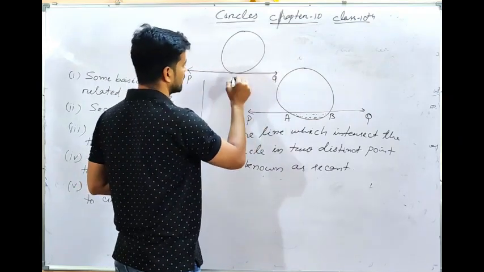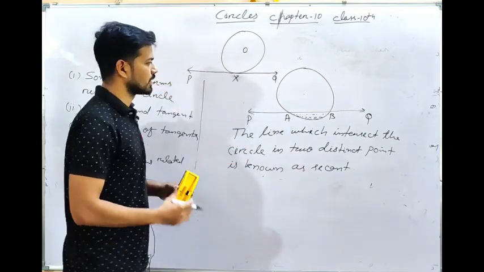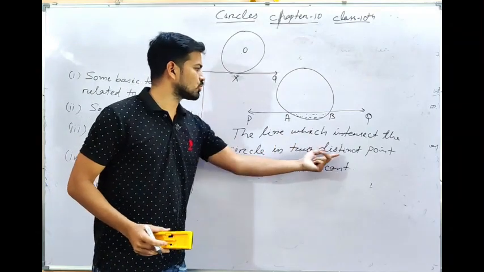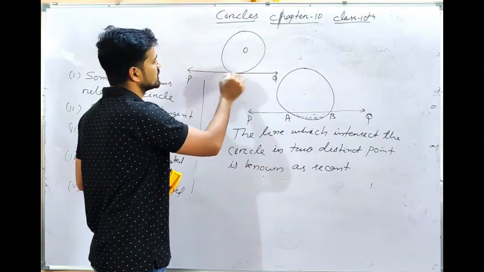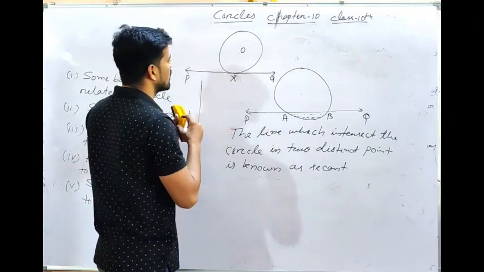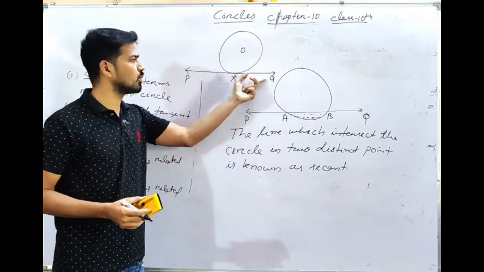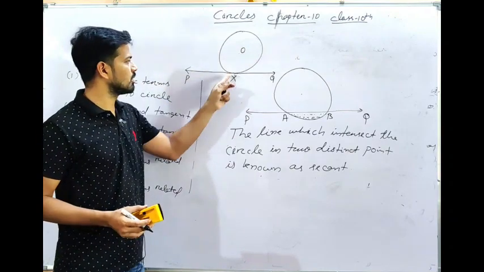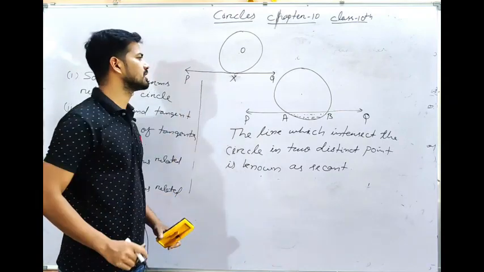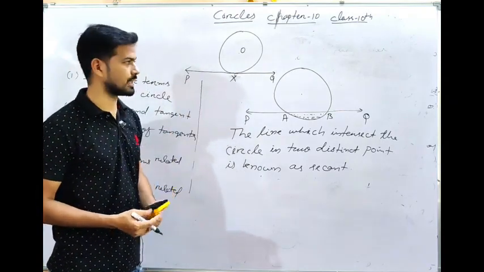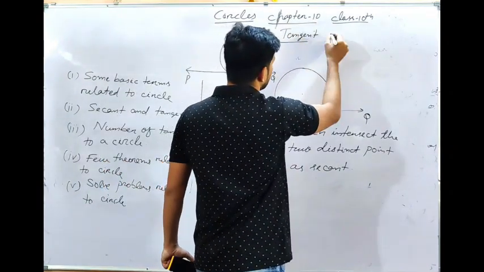P, Q, and this is O. Sorry, this is X, this is O. So the line which intersects the circle in two distinct points is known as our secant. But sometimes what happens, the line just passes the circle by touching only one point. You can say in this case the line PQ passes through the circle by touching it at point X. So in this case PQ is known as our tangent. So what is a tangent? Let me define a tangent.